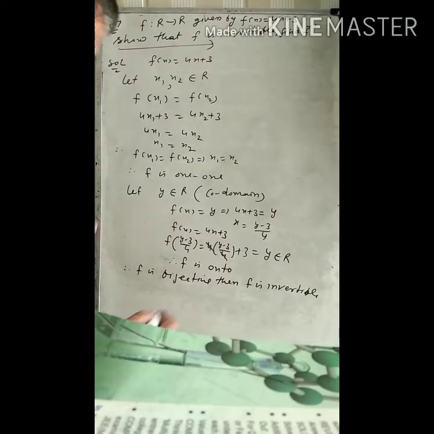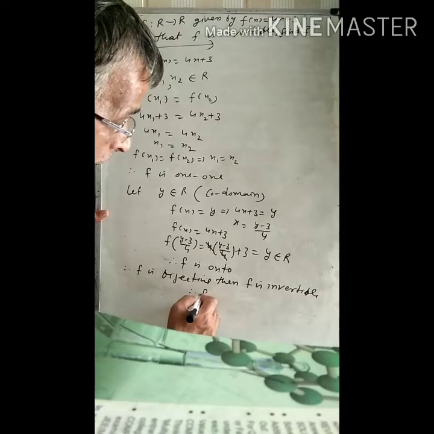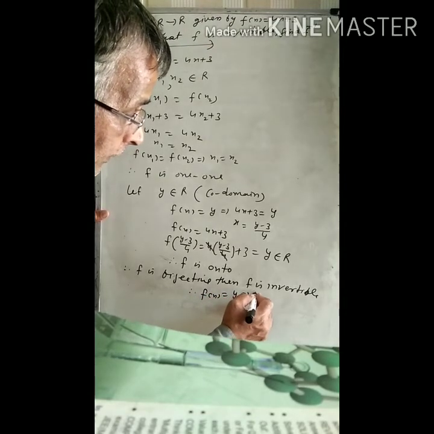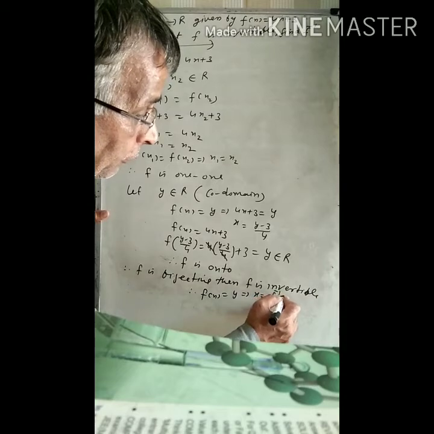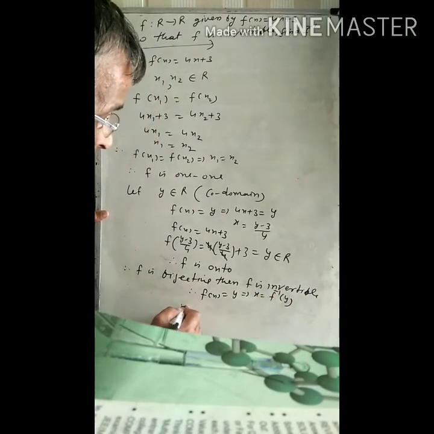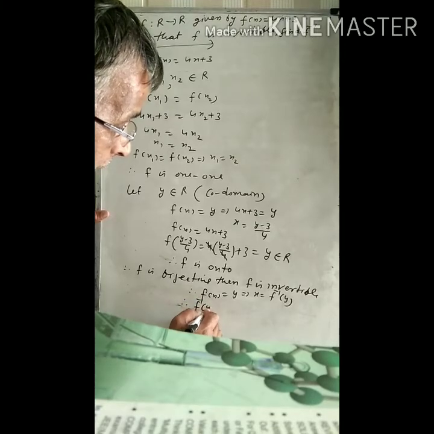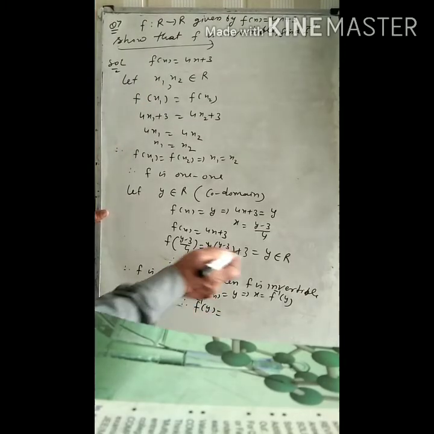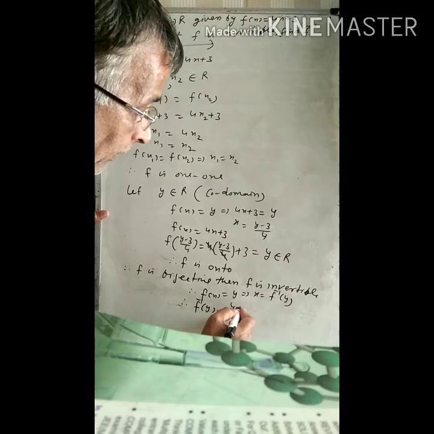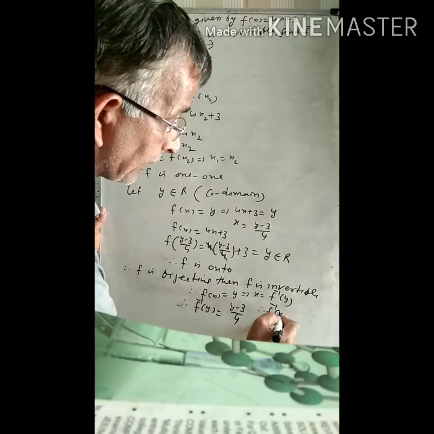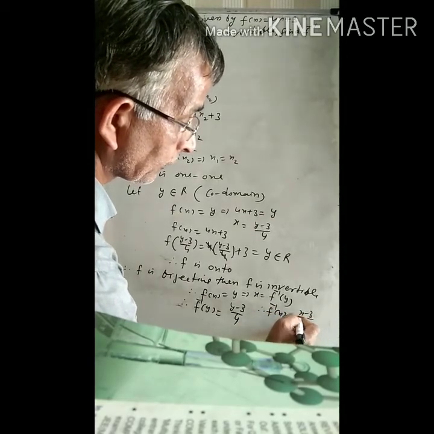To find inverse, f(x) is equal to y, so this implies x is equal to f inverse y, so therefore f inverse y is equal to x की वैल्यू आपने पहले निकाल ली (y minus 3) by 4, तो therefore f inverse x is equal to (x minus 3) by 4.